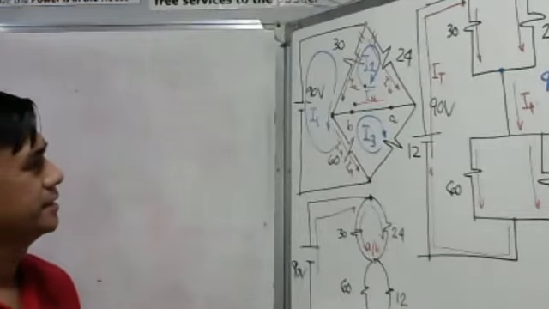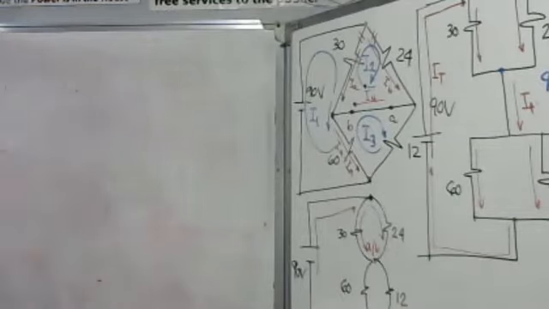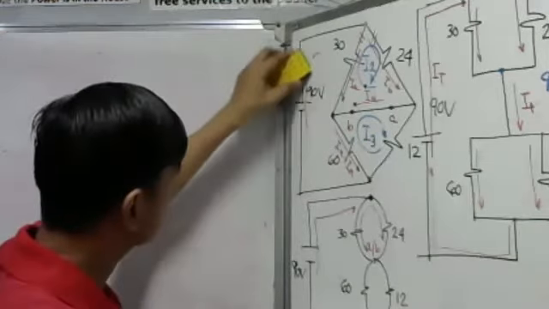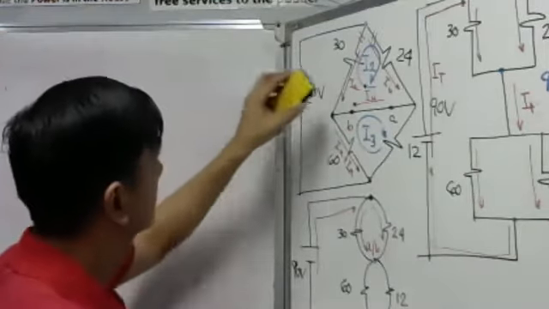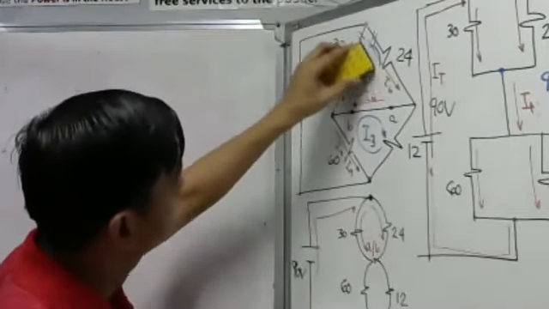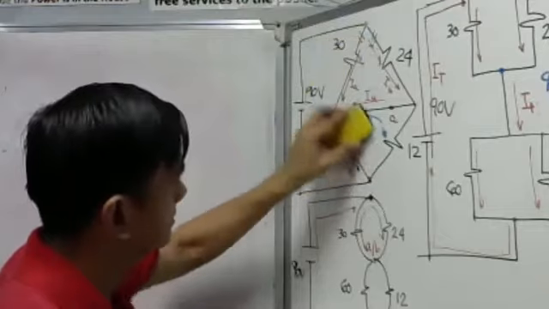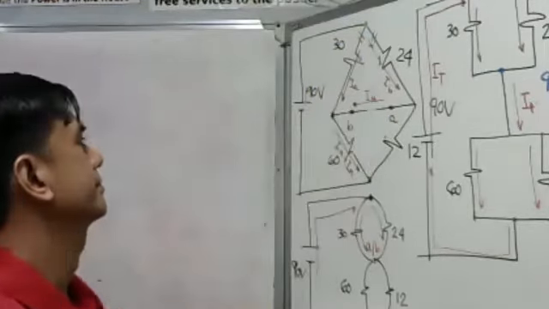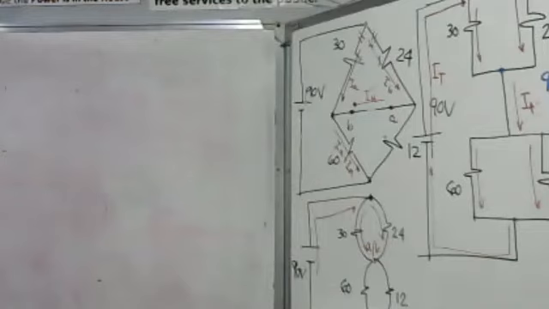I will erase first our IA, I1, so that you'll not be confused. We have here our I sub 2.